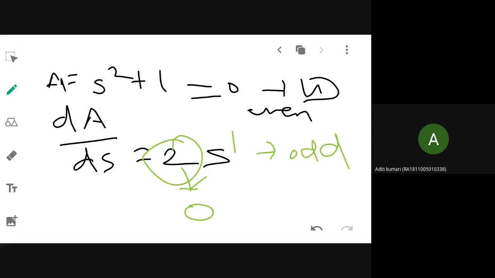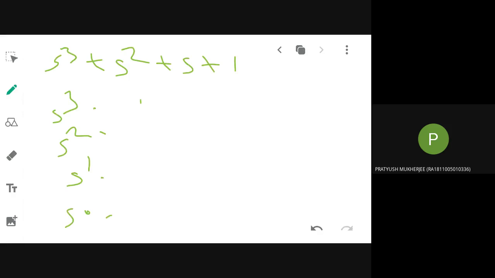Now tell me again what was the equation that you are having? S cube plus s squared plus s plus 1. So s cube, s squared, s1, s0: 1, 1, 1, 1 you are having. Here you are having a row of all zeros. So you have identified the even polynomial. We will differentiate that.